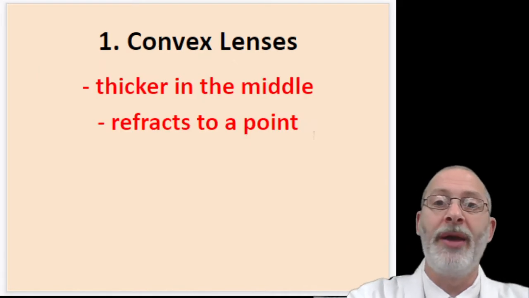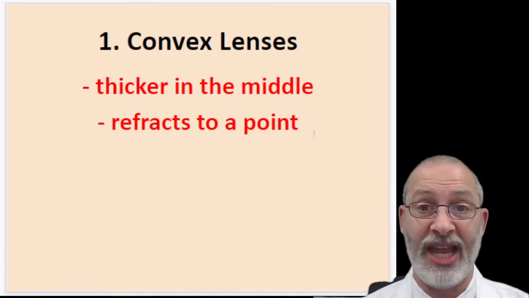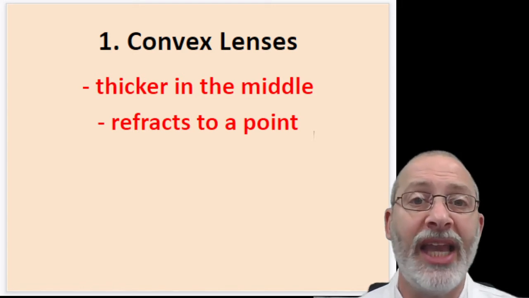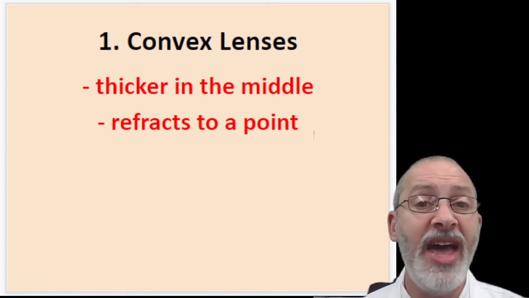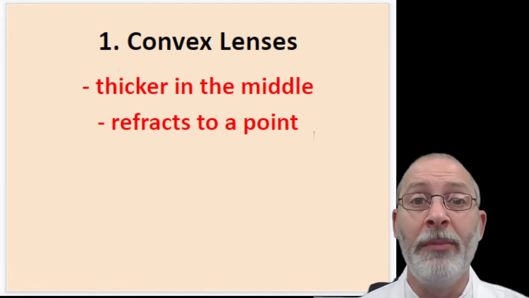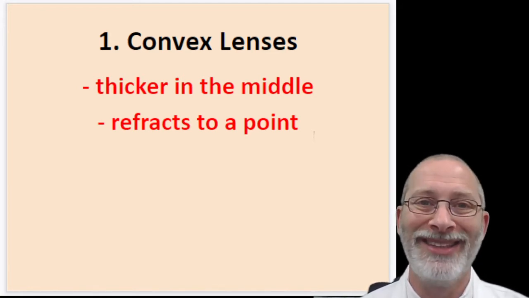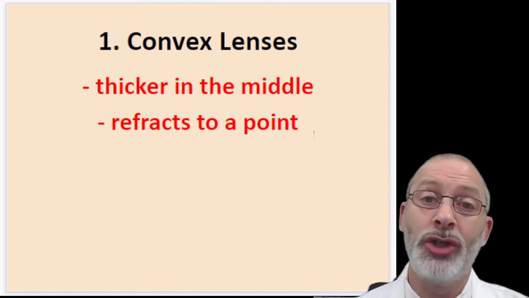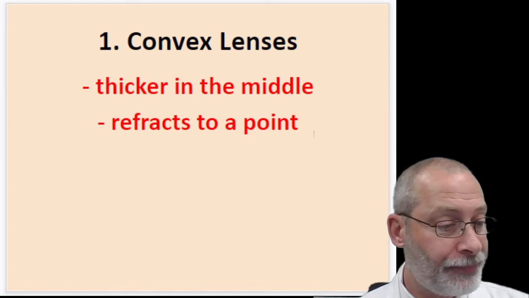We're going to call them a convex lens first. The first one is a convex lens. And a convex lens is one that is thicker in the middle, like me. And it refracts light to a point.